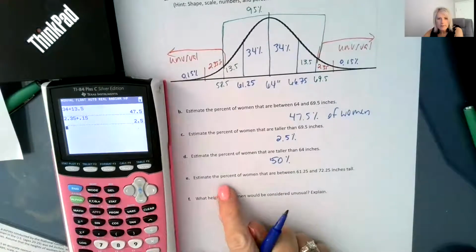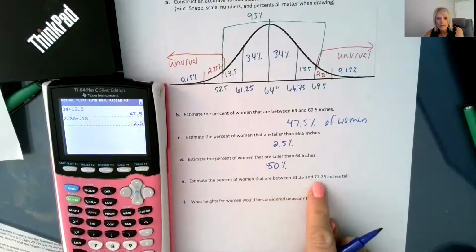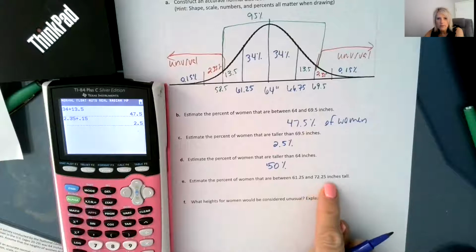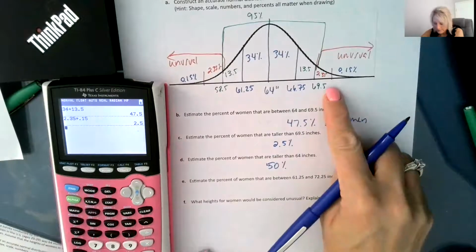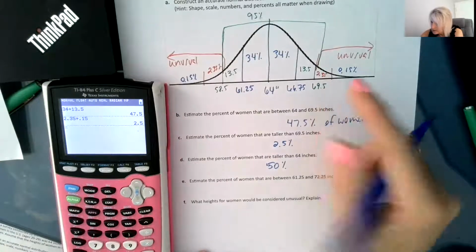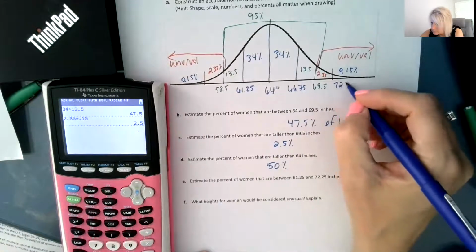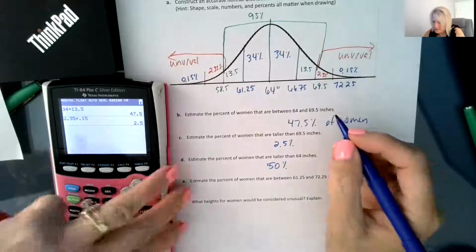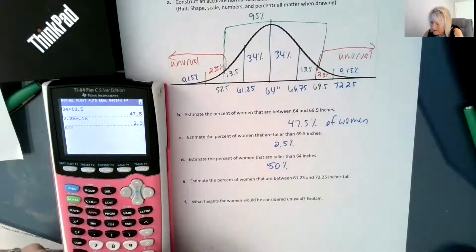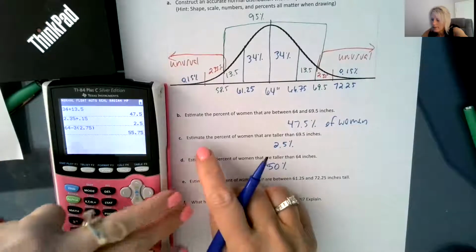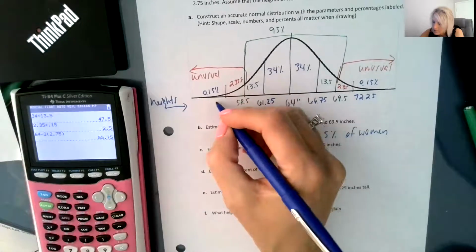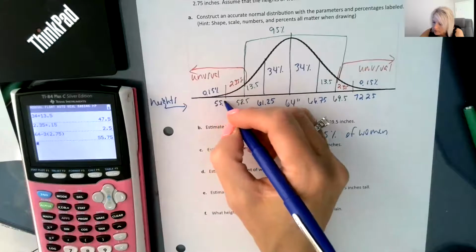E says, estimate the percent of women that are between 61.25 and 72.25 inches tall. We didn't add that out here. So our third standard deviation was 72.25. And our third standard deviation over here was 55.75.